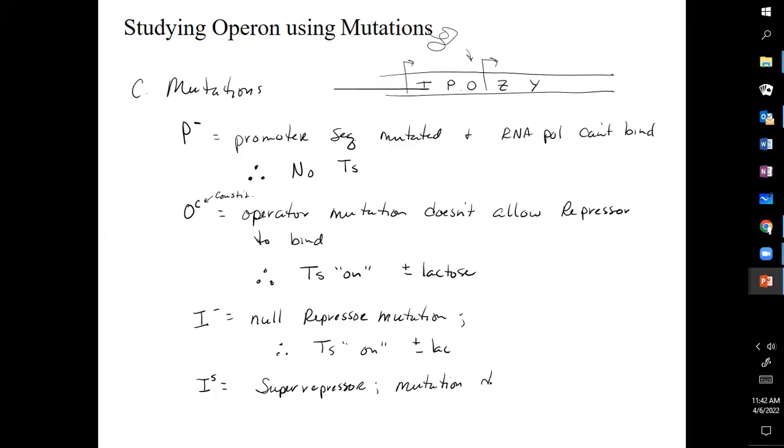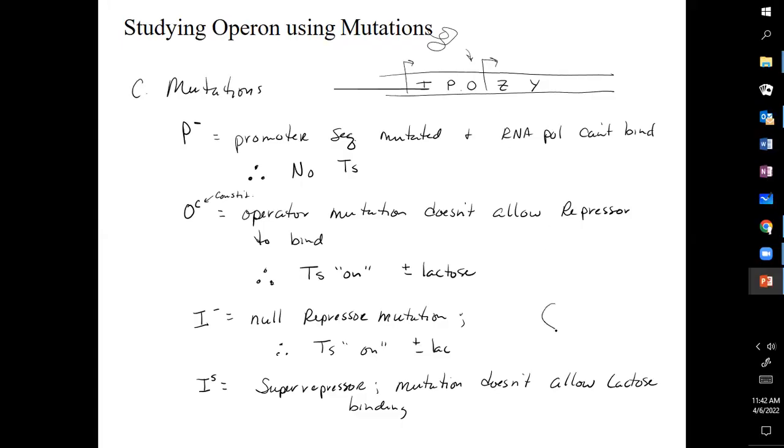So it's a mutation that does not allow lactose to bind. But it still has a functional DNA binding site.